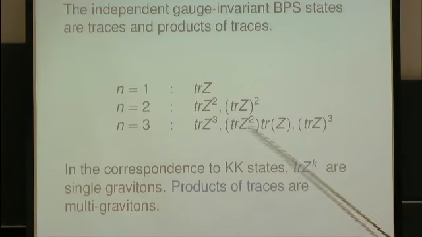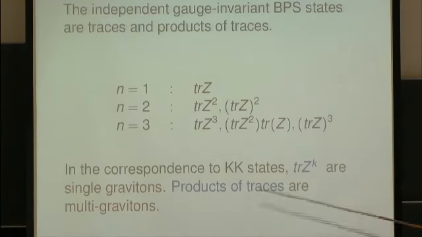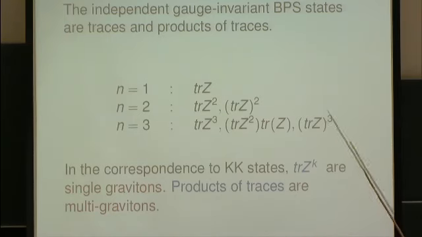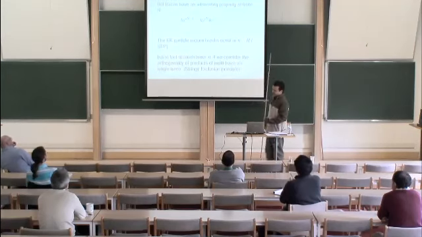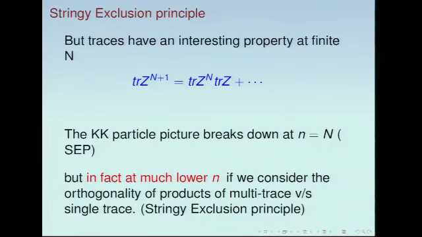Okay, so this structure of single traces and then products, how do we see that on the gravity side? Well, the single traces are single gravitons with some angular momentum k, and at least in the first approximation, that's a good way to think about it. Trace Z to the k are single gravitons, and products of traces are multi-gravitons. So at least the counting of states matches on both sides. So what happens at finite N is that this kind of distinction between single and multi-traces doesn't work anymore.